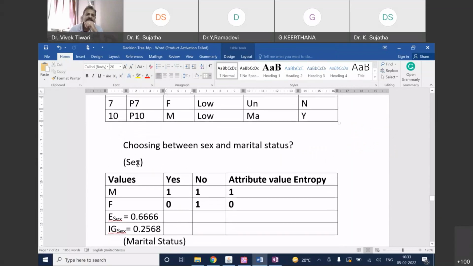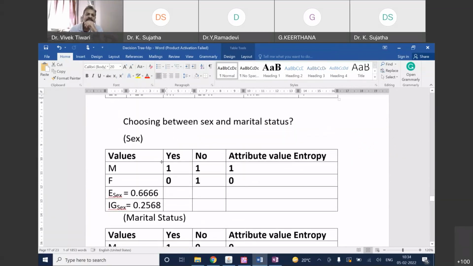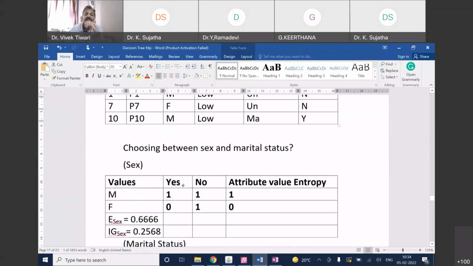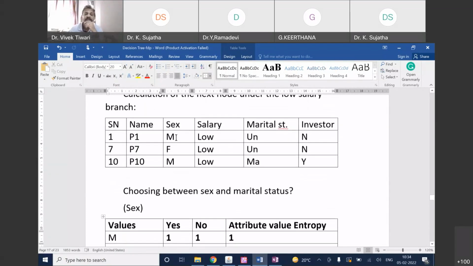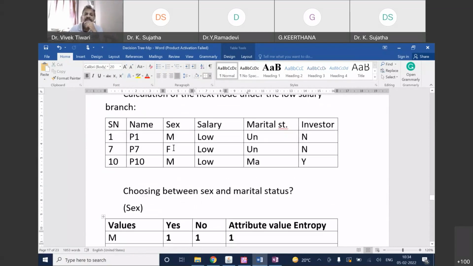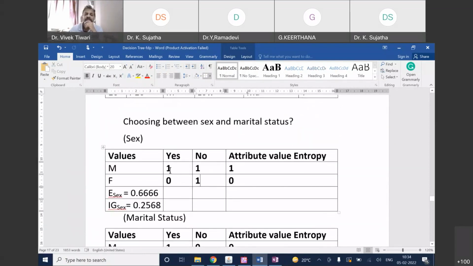So start with the simple one. I have to select the gender, and the gender has two values. Male: under male there are two observations, one yes and one no. Under female, only one observation, that is no only. You put these into the formula we discussed to calculate the entropy of the attribute, and the entropy of the attribute is 0.666.